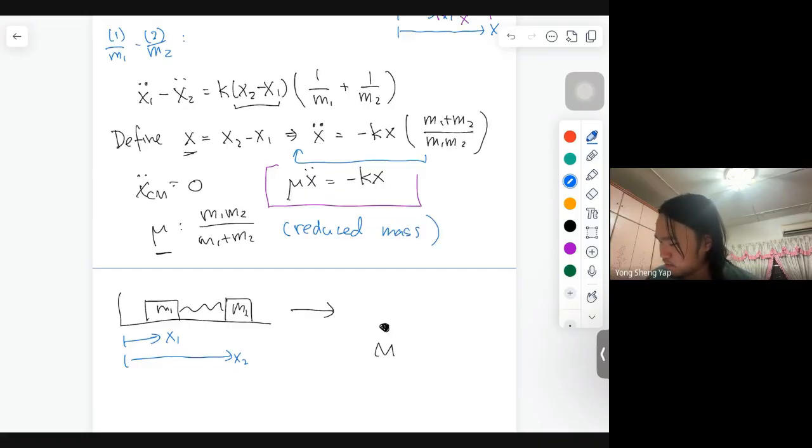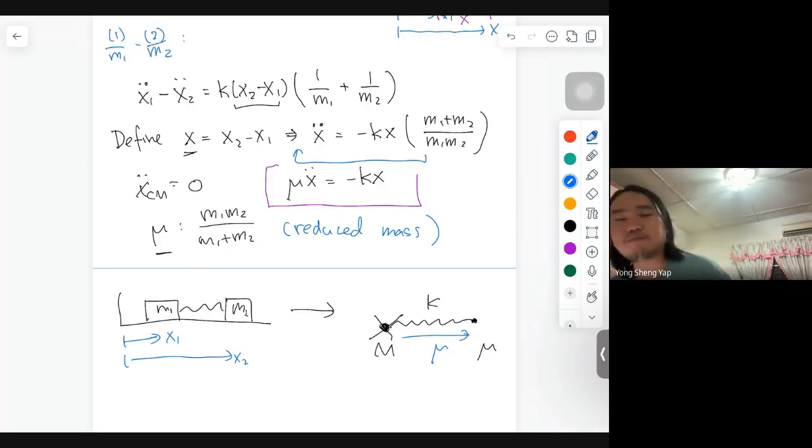In this system, the center of mass does not move and is just fixed on the table, and these two are connected by a spring of the same spring constant k. Then you're just trying to understand the position of the reduced mass from the center of mass.